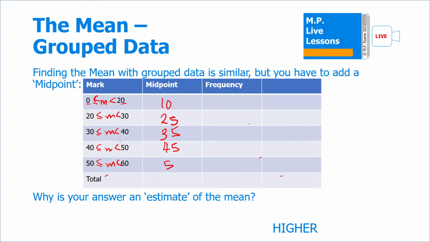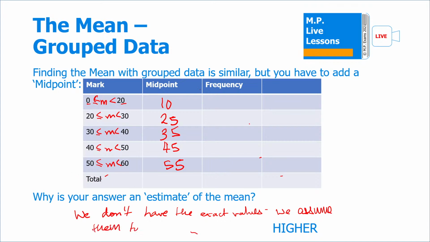We don't have the exact values anymore. And then again, we'll multiply them together. So our mean is the sum of your frequency times the data, in this case m for the marks, divided by how many there are in total for frequency.